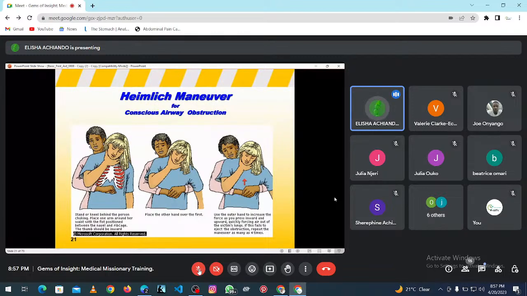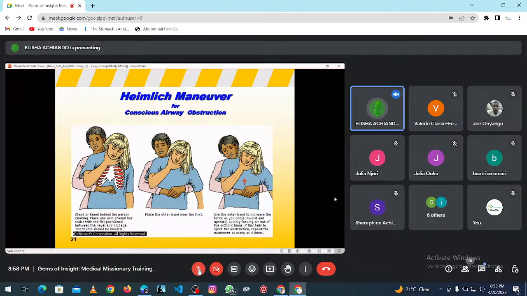Basically, make sure these people are at the right angle with you. Make sure they hold just below their neck. In this case, they kind of block the airways as they release.